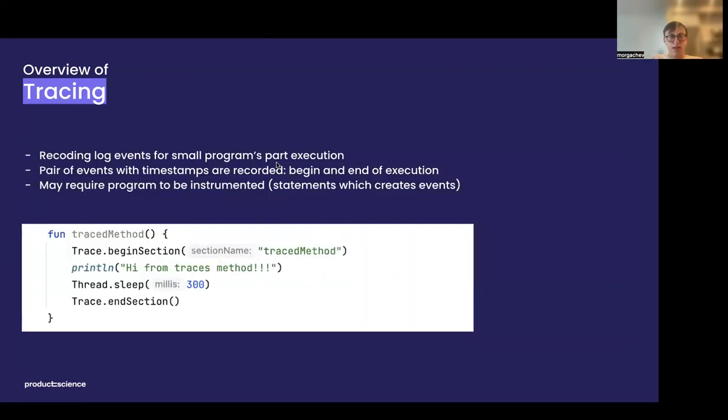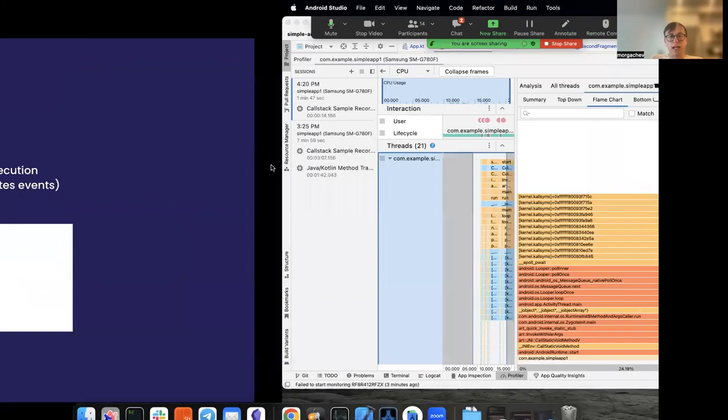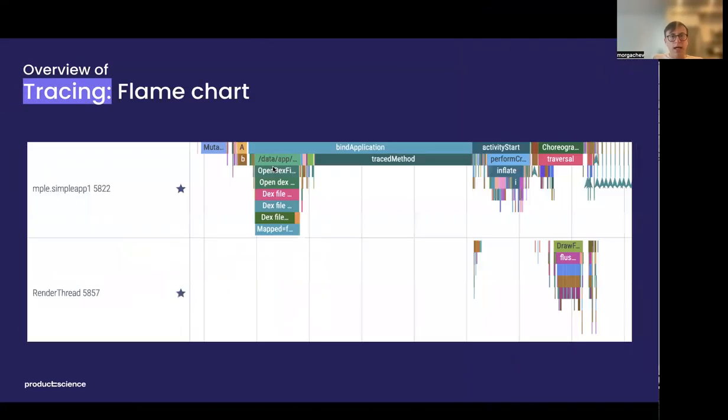For example, it's a small Android app, and we added a traced method, and in this method call inside, it provides us with such a slice, traced method. I will show you this in the application in the next step.